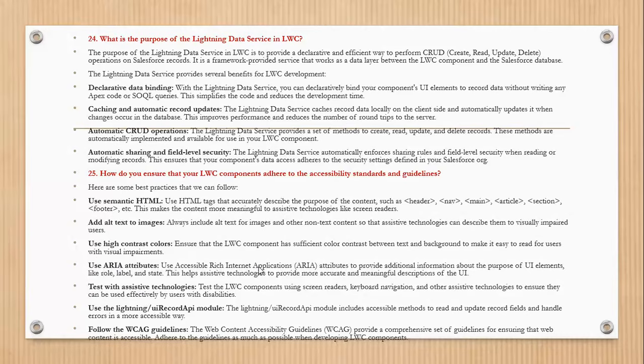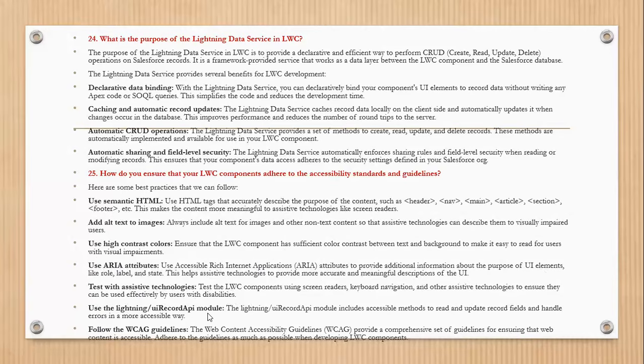Use the Accessible Rich Internet Applications attributes that provide additional information about the purpose of the UI element, like roles, labels, and states. This helps assistive technology provide a more accurate and meaningful description of the UI. Test with assistive technology: test LWC components using screen readers and keyboard navigation, and assistive technology, to ensure that they can be used effectively by users with disabilities.